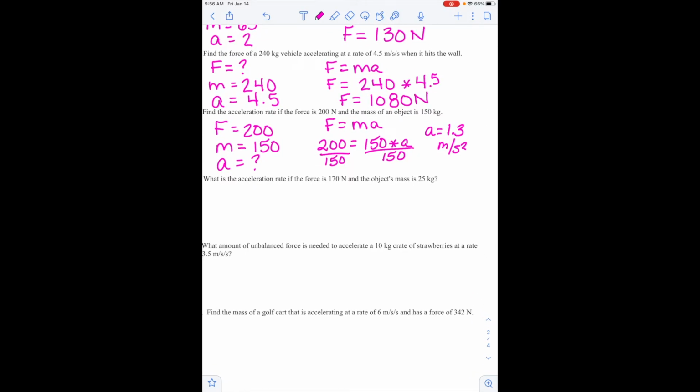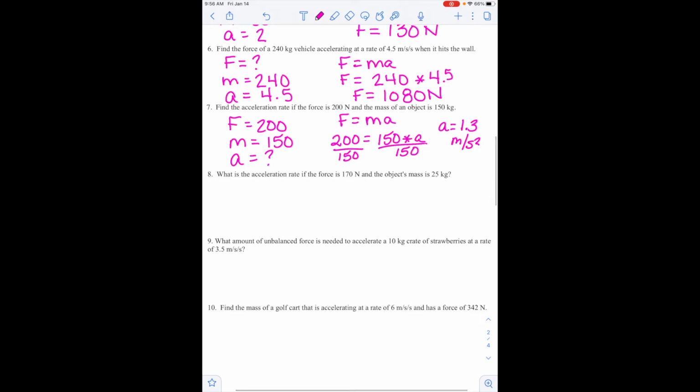Number 8, what is the acceleration rate if the force is 170 newtons and the object's mass is 25 kilograms. So we are looking for A. Our formula, F equals ma. F is 170.